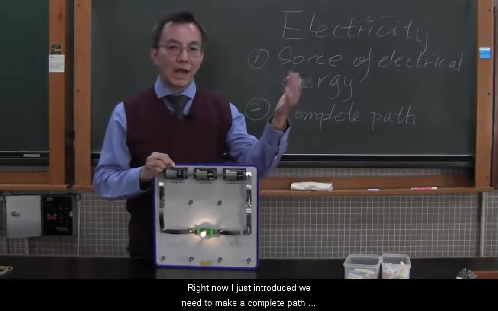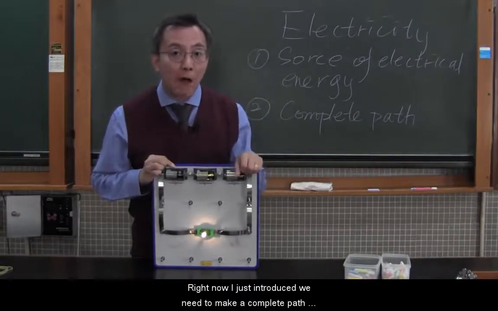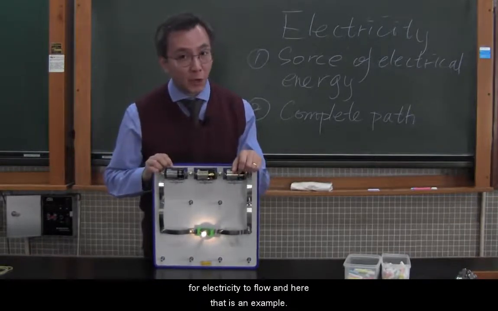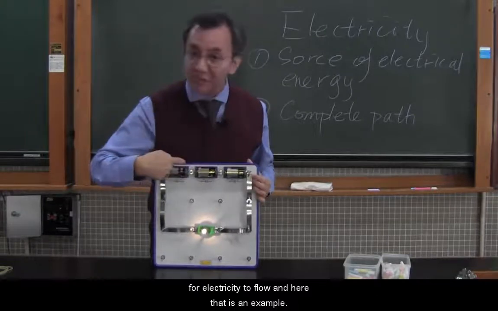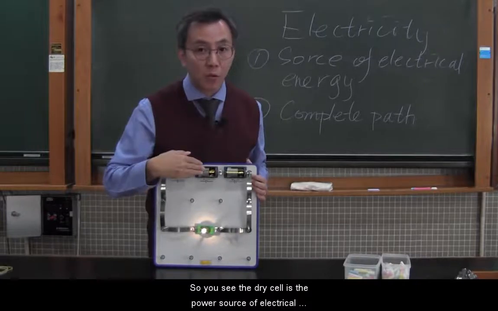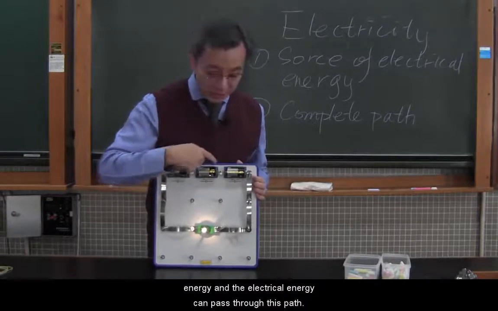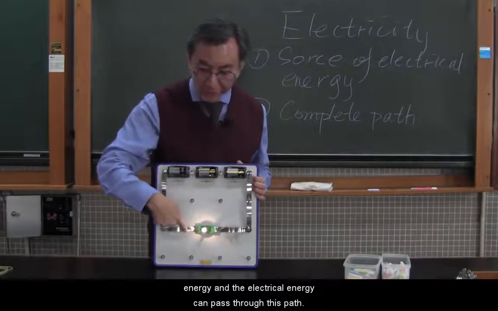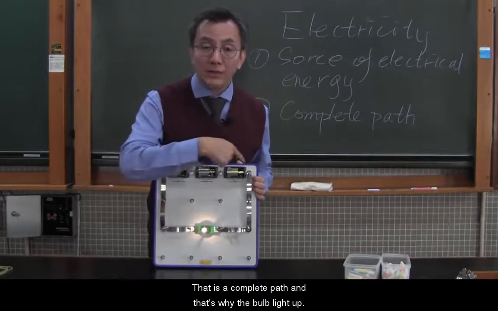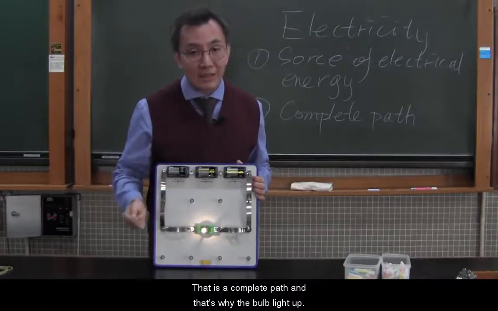Right now I just introduced that we need to make a complete path for electricity to flow. And here is an example. So you see, the dry cell is the power source, the source of electrical energy. And the electrical energy can pass through this path. So that is a complete path. And that's why the bulb lights up.